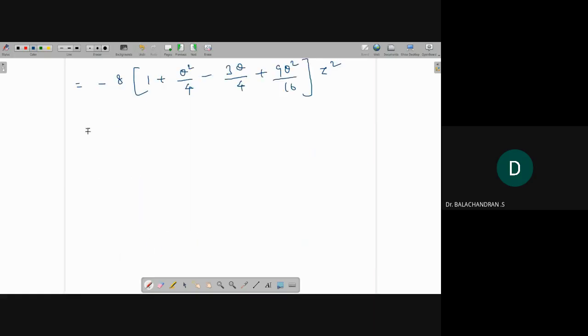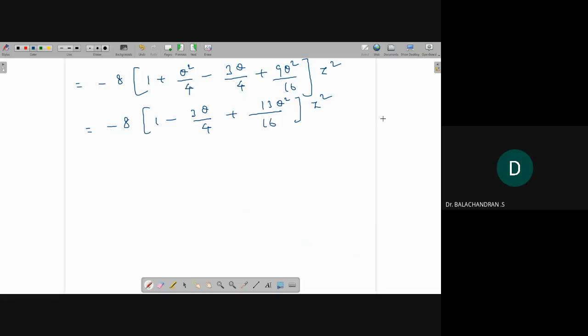So which is equal to minus 8 into 1 minus 3 theta by 4. Taking 16 as LCM, 4 times 4 theta square plus 9 theta square is 13 theta square, into z square.